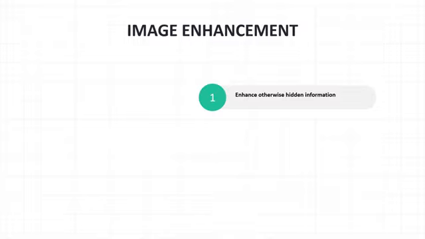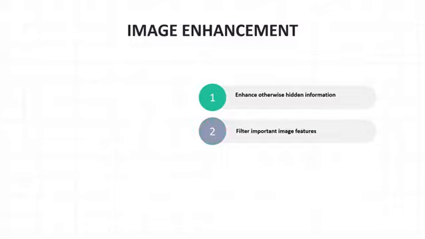Sometimes it may be disturbed due to internal or external issues like atmosphere, fog, all those things. And the second one is to filter important image features, which will improve the important image features that are not visible when we have captured the image.